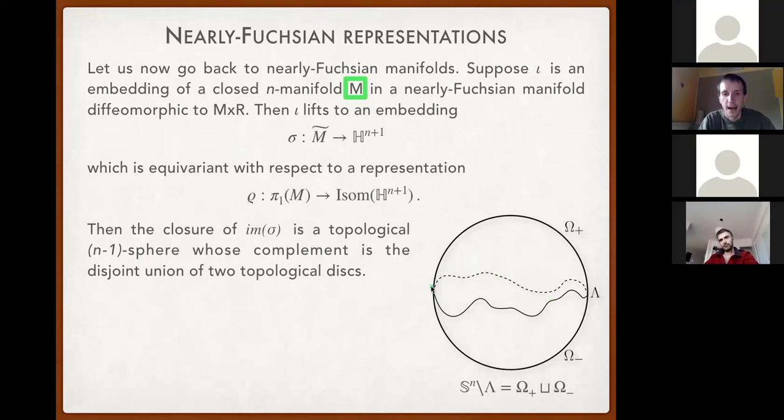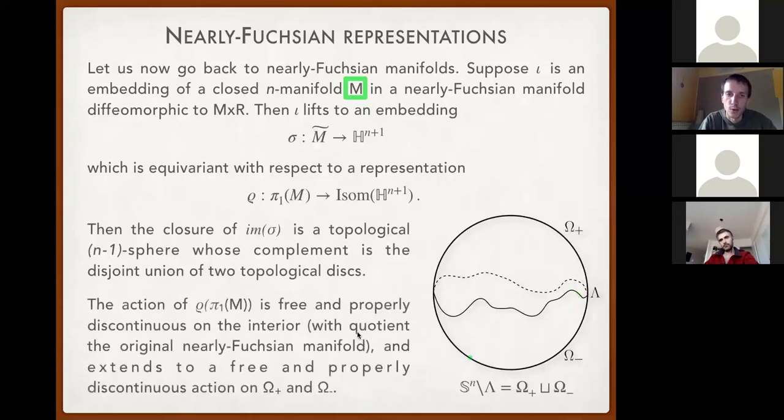Under this assumption, the closure of the image of sigma tilde, the image of sigma on the universal cover, is topologically an (n-1)-sphere in the n-sphere, which is the visual boundary of hyperbolic space. In higher dimension this is not obvious. Moreover, this topological sphere divides S^n in two connected components, which are topologically disks.